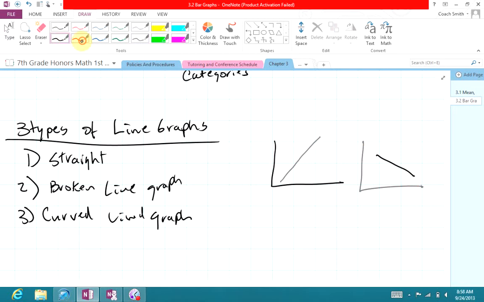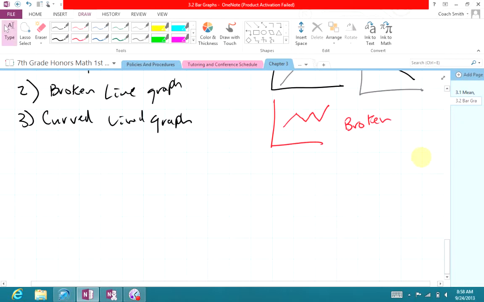Okay, a broken line graph is one like we just did. Something like that. Okay, this is broken. This is straight. And a curved one, the most common curved one that you would see in school settings would be this.